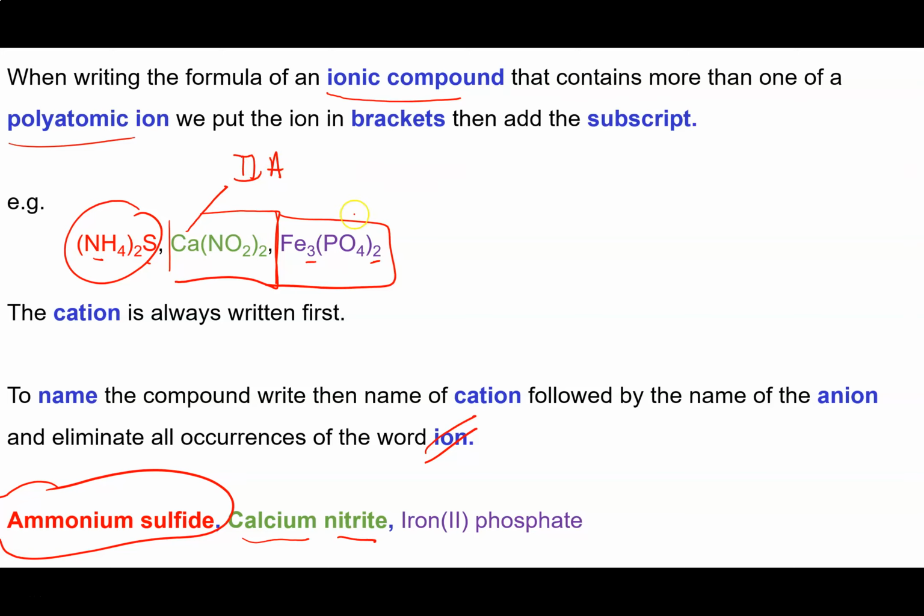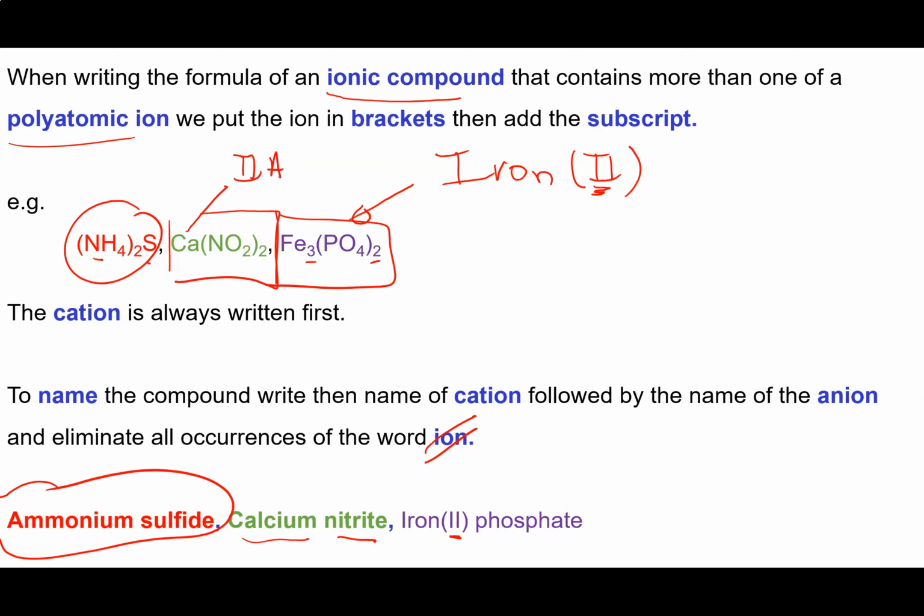And then when we come to this guy, iron, we already figured out a moment ago, has a charge of +2. Because iron is not in group 1A, group 2A, and it is not aluminum, gallium, silver, cadmium, or zinc, we have to put the Roman numerals to indicate the charge in its name. So this guy becomes iron(II) phosphate. So you just have to be aware of when to include the Roman numerals.